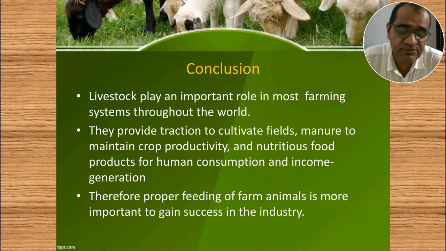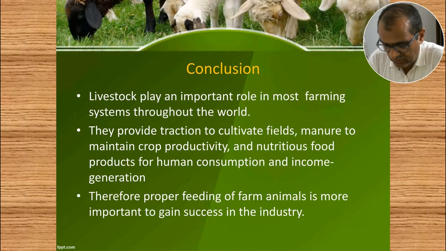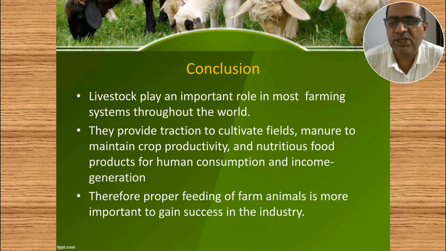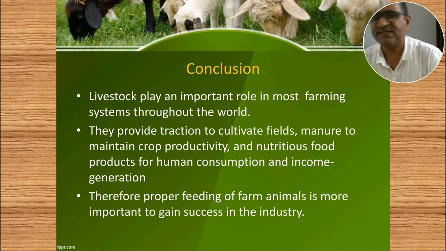Then, apart from this, animals are also used as draft animals, so these are used for cultivation of the land. At the same time, different types of food products for human consumption and income generation are another source from the livestock, and therefore proper feeding of the livestock becomes very essential.